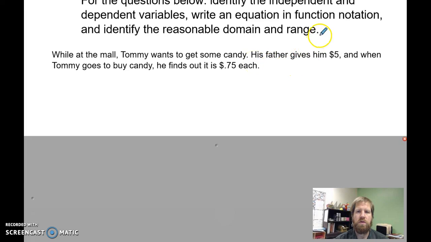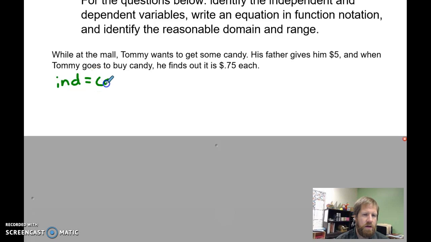Start with independent and dependent variables. He's wanting to buy candy, and then we've got some money in here, so we're also looking at the cost. The independent variable, the one that could change without changing the other, the one that doesn't depend on the other, is going to be how much candy he wants to buy, because he could buy any amount of candy.